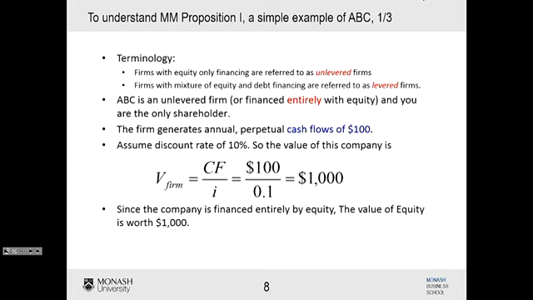So how do I understand this? Well, I already said the conclusion here. Next, we try to show it with the simple example of the ABC firm and the one-third.